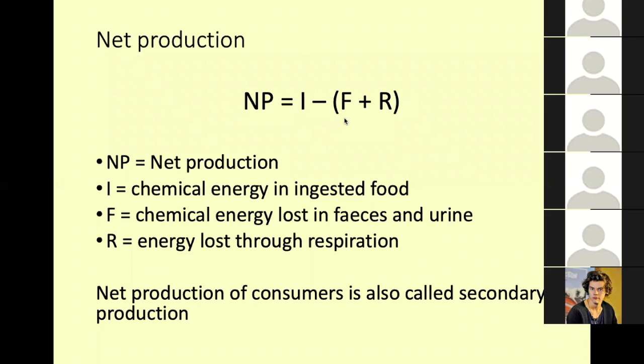That is a loss. That is not available to the next trophic level. It is, however, available for the decomposers. In terms of human beings, the role of decomposers is really recycling everything. There is an energy loss there, and this is the equation for it.